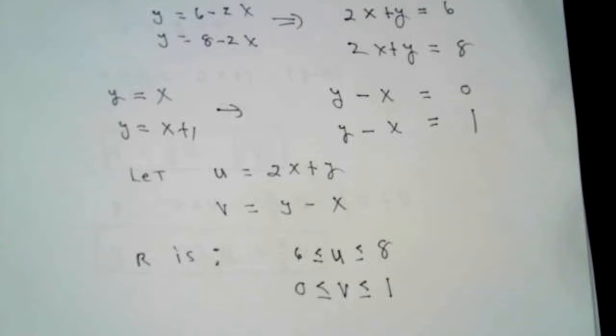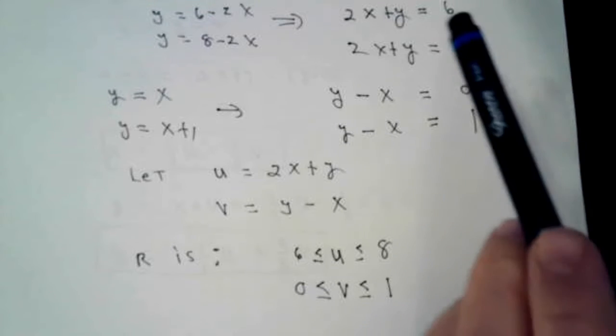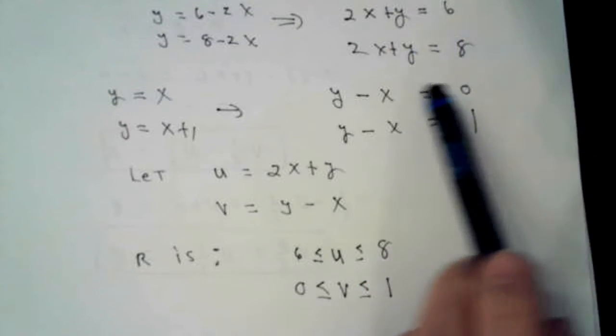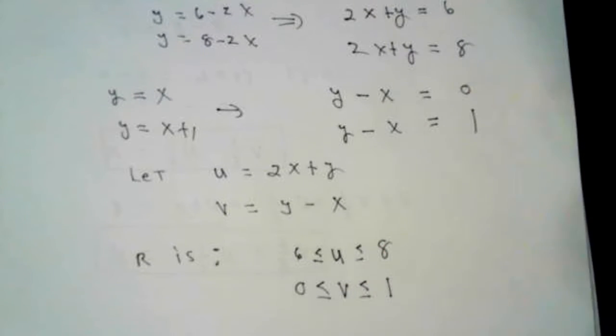If you look at y equals 6 minus 2x and y equals 8 minus 2x, you can rewrite those as 2x plus y equals 6 and 2x plus y equals 8. The quantity 2x plus y will vary between 6 and 8 for points in the region.